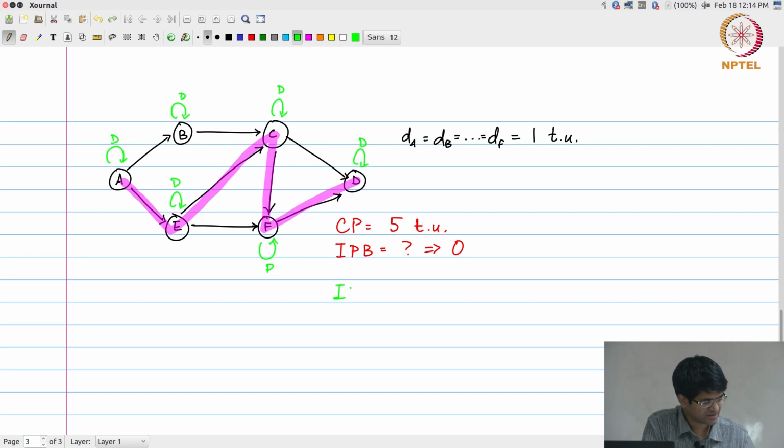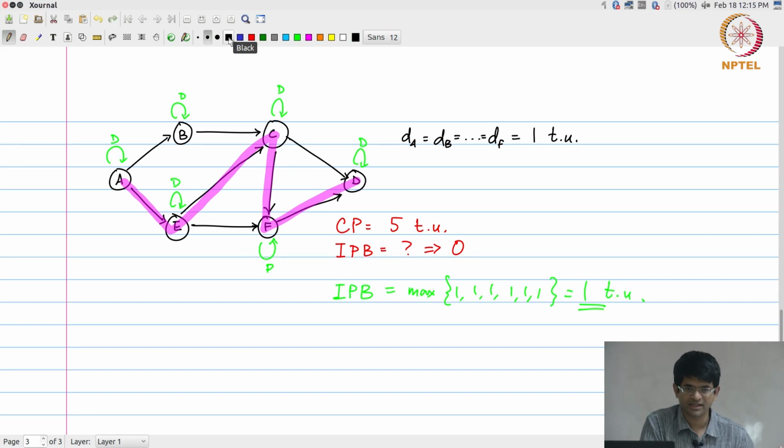So, in other words, for the green version, the iteration period bound is going to be max of, in other words, 1 time unit. Okay. So, as long as I have only one piece of hardware for each of these units of execution, that is A, B, C, D, E and F, I am limited to at best having 1 time unit as my minimum iteration period. Okay. All right.